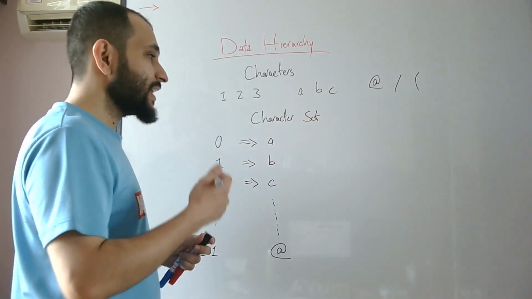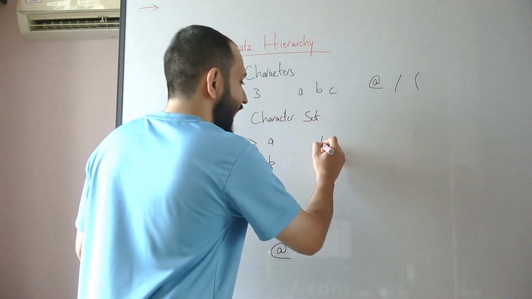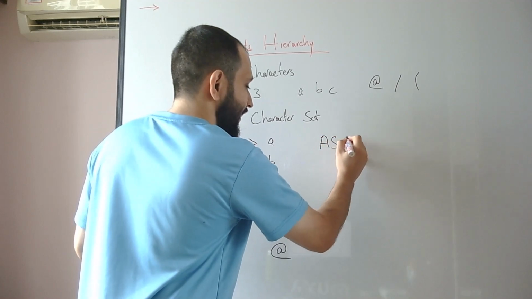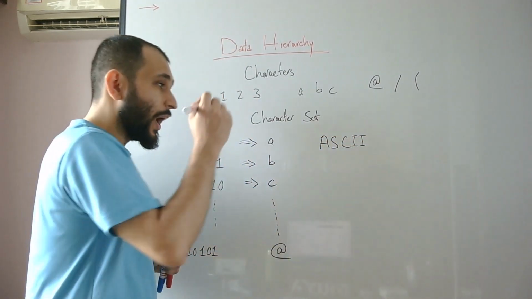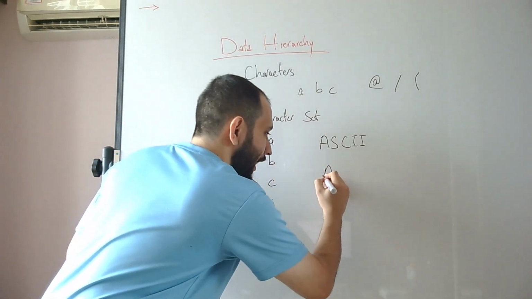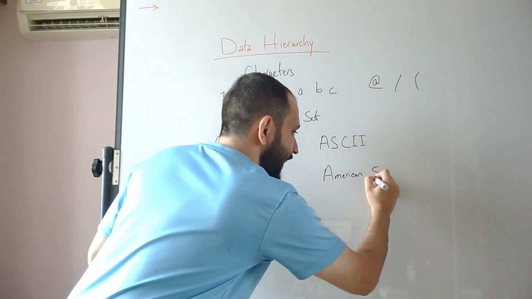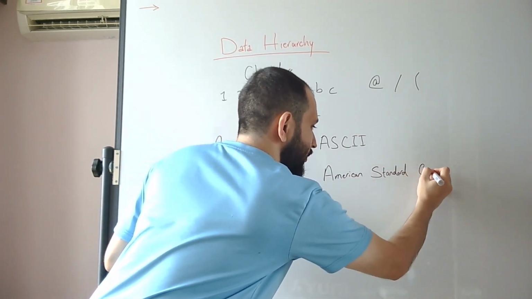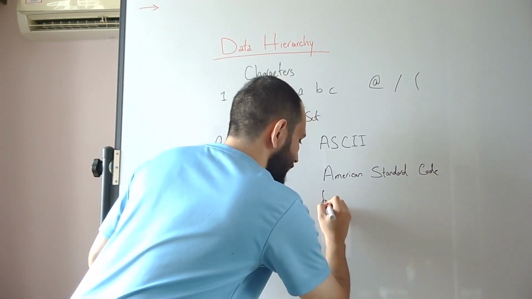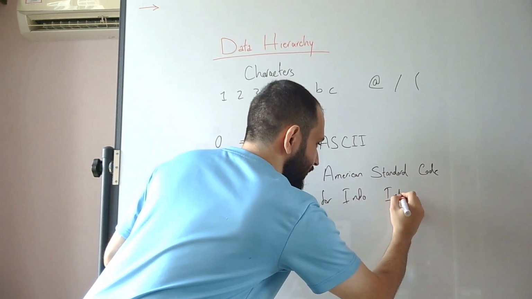So the standard character set that the C programming language uses is called ASCII. ASCII stands for the American Standard Code for Information Interchange.